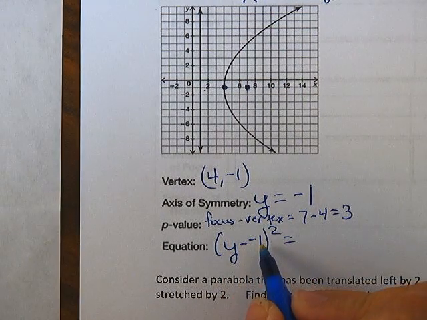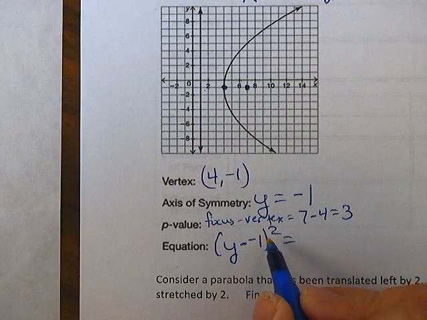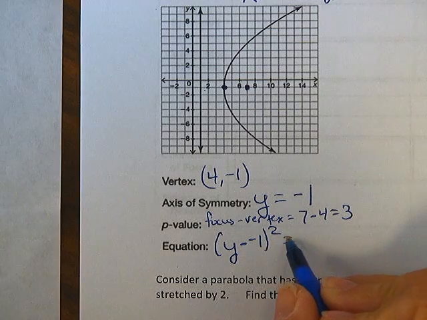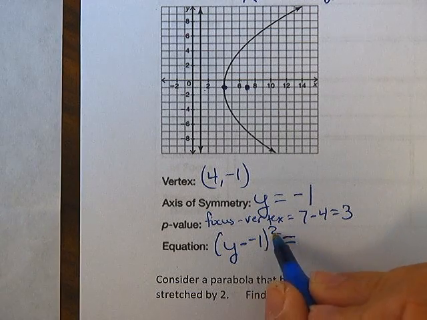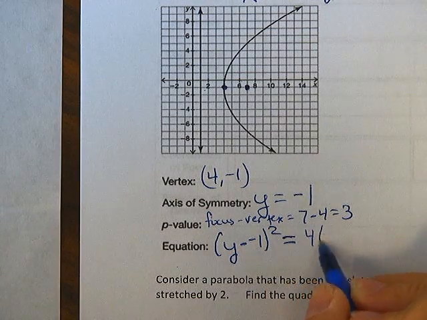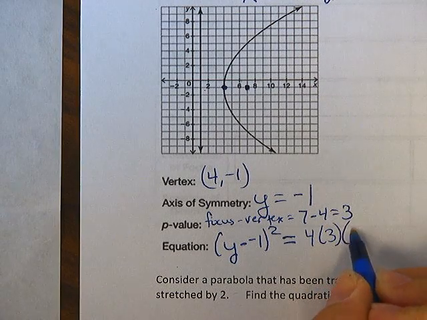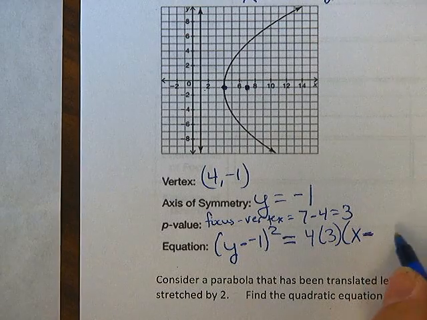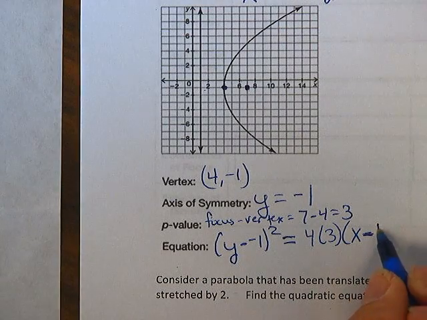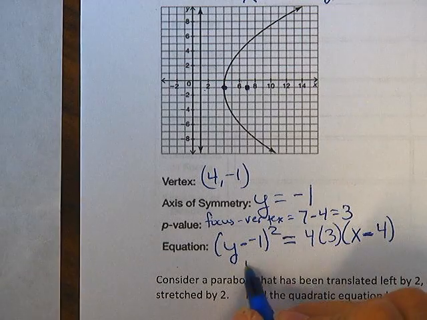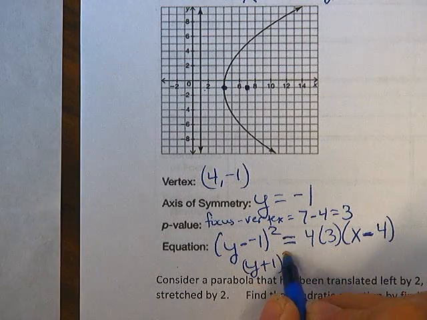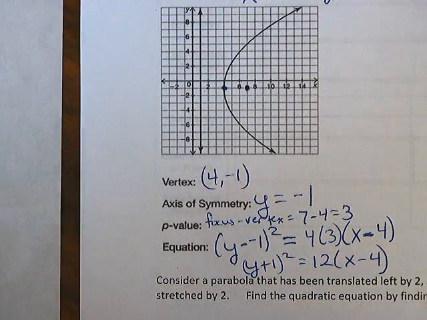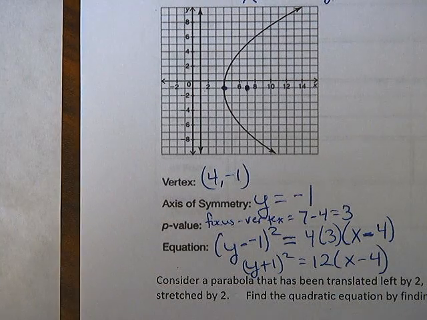Again, you don't have to write it out as minus and negative. You could go ahead and just put the positive there, y plus 1. And y plus 1 squared equals 4 times p, which is 3, times x minus h, which is 4. So we can rewrite that as y plus 1 squared equals 12 times x minus 4. And that would be the equation for this parabola.